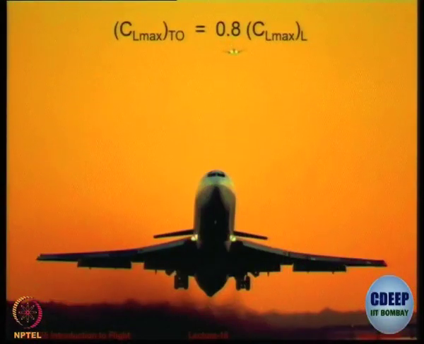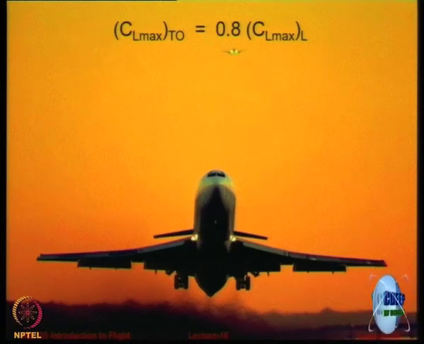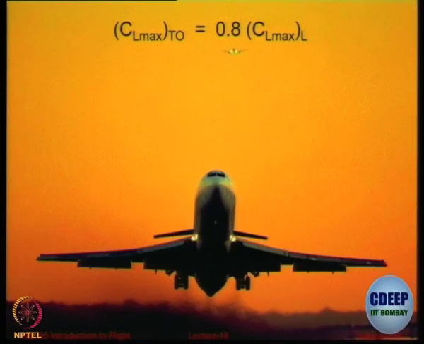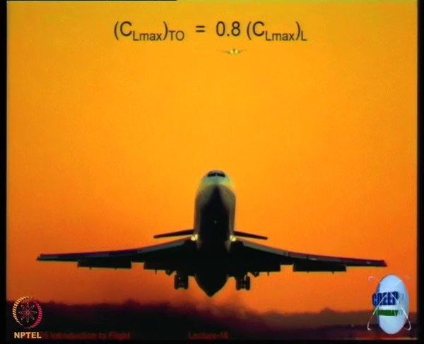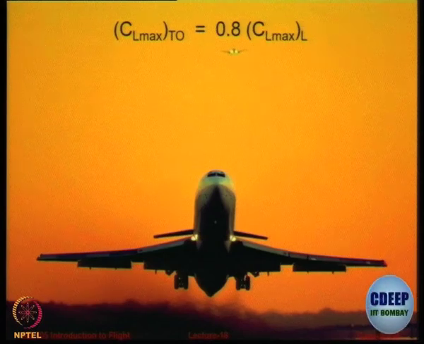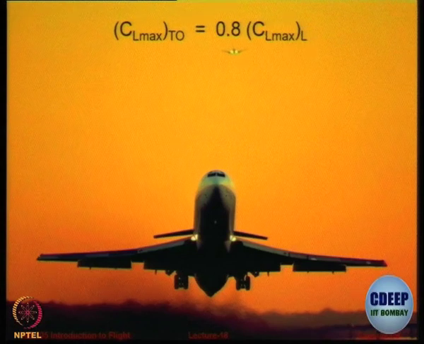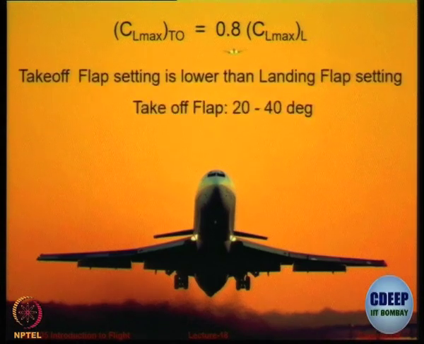So generally the CL max at takeoff is approximately 80% of the CL max at landing, and CL max at landing is equal to 100% of CL max. So the aircraft always lands or tries to land at CL max possible with the best possible flap setting. So at landing CL equal to CL max, at takeoff CL is equal to 0.8 times CL max.